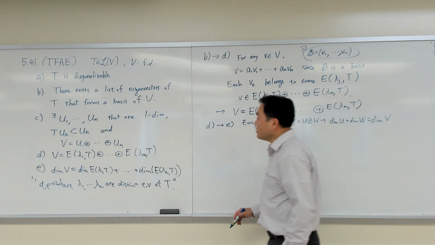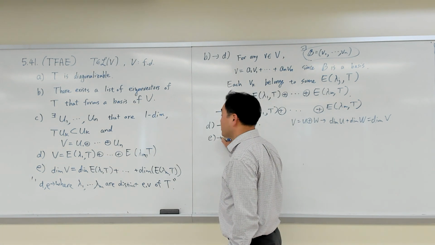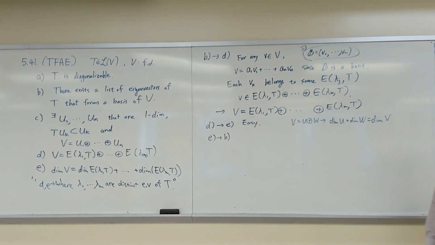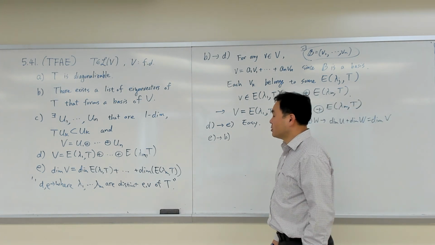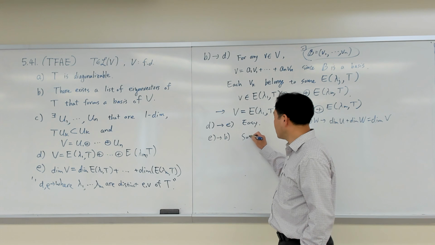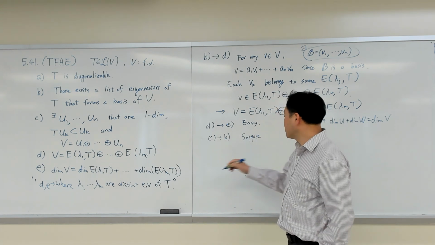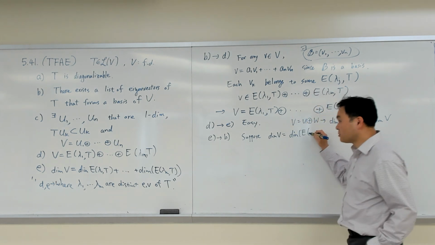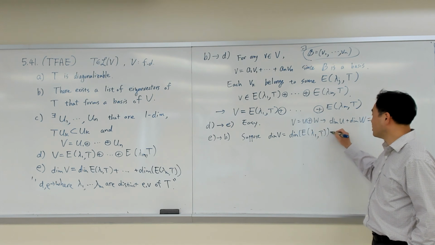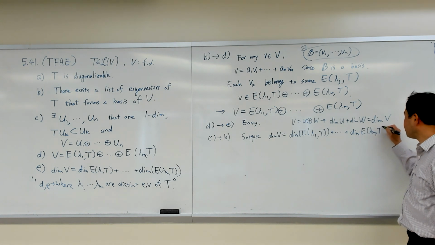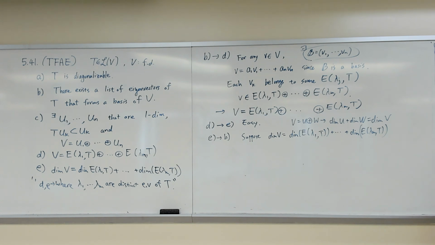Okay, and now how do we show E to B? Suppose the dimension of V is equal to the dimension of E of lambda 1, T, plus ... plus the dimension of E of lambda m, T. Let's say we're given this.